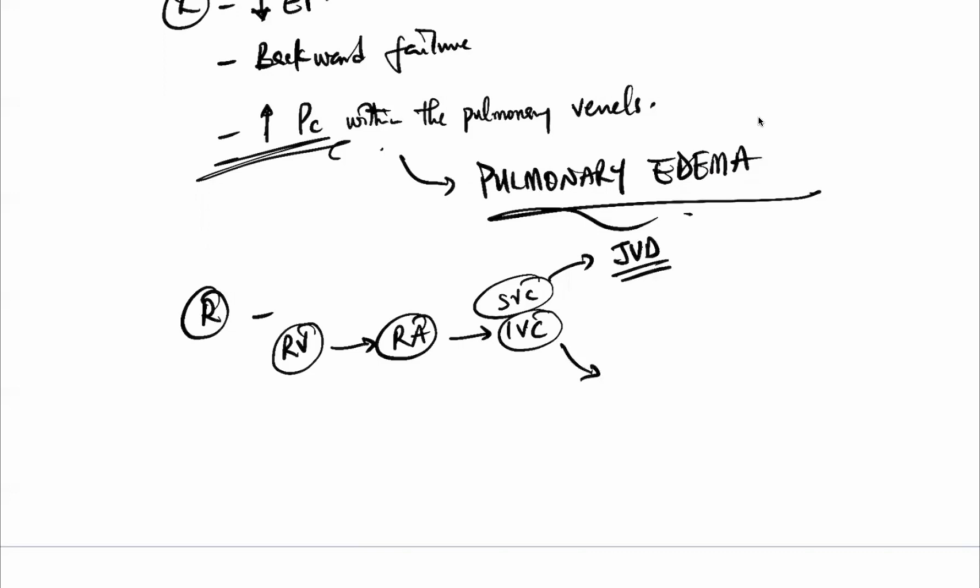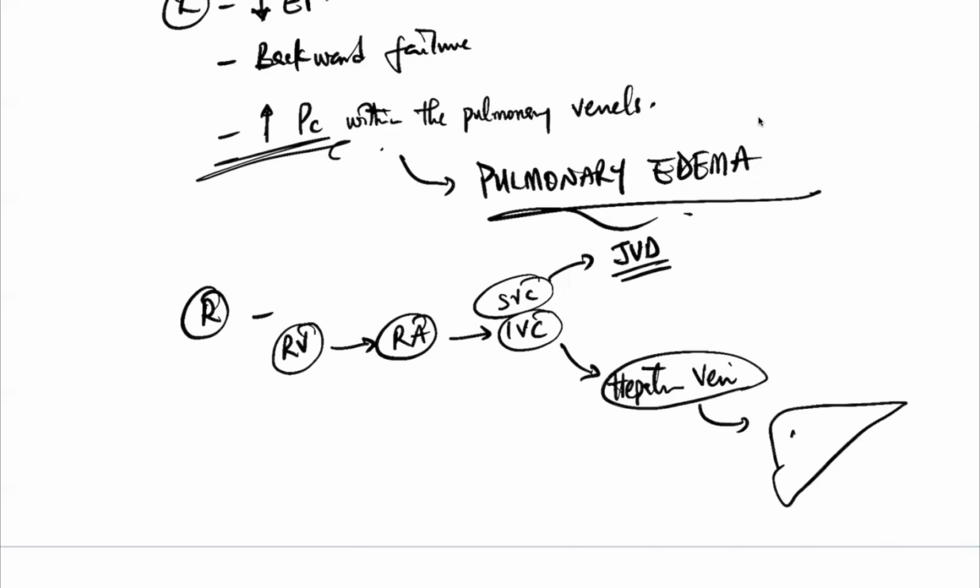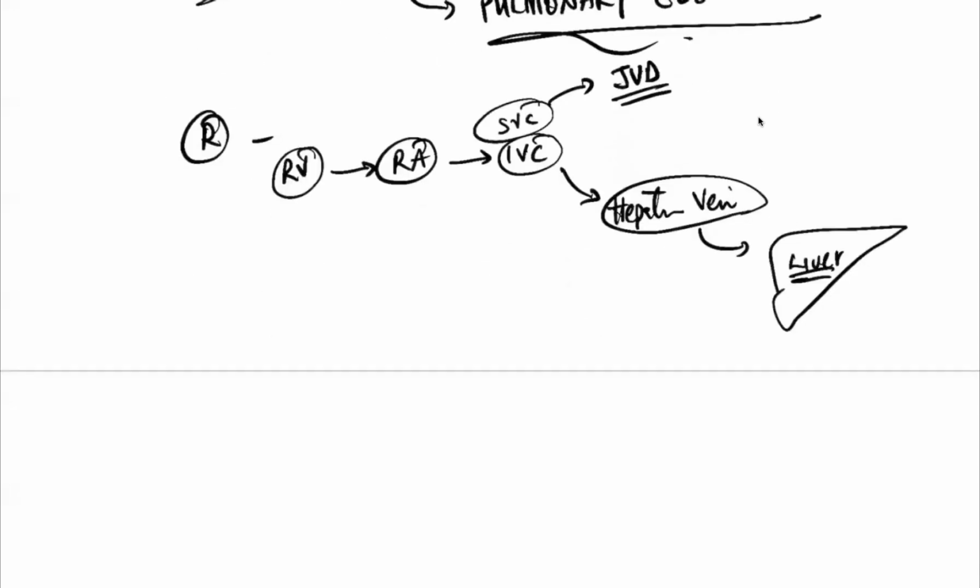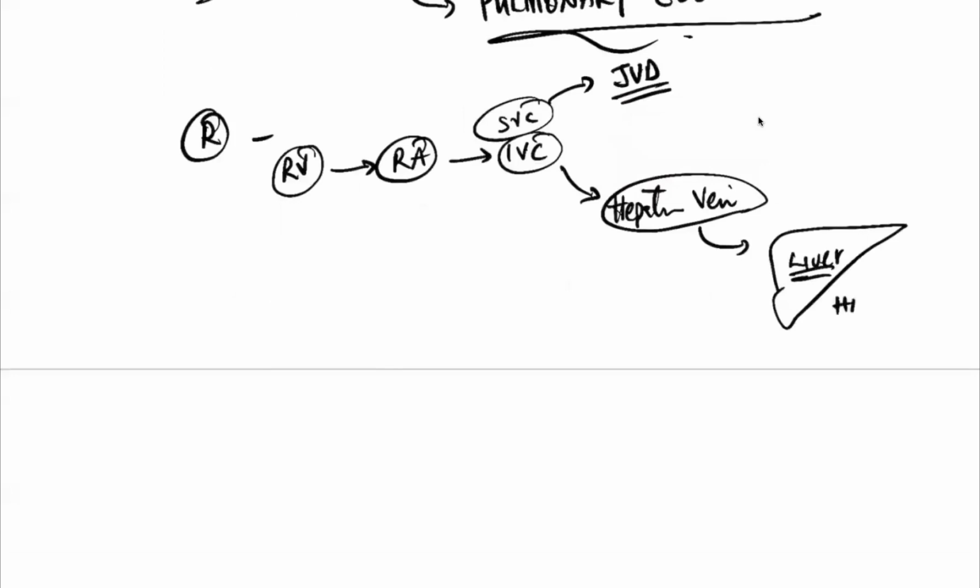When blood backs up into the inferior vena cava, it goes down into the hepatic vein, and then where? Into the liver. When fluid backs up into the liver, what happens? The patient develops hepatomegaly. Why?